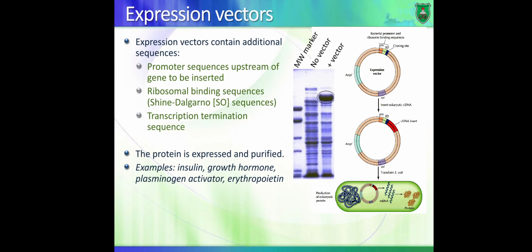This is where ribosomes bind at the 5' end, and then they search for the first AUG to start translation. So we do need a Shine-Dalgarno sequence. So these are the expression vectors, that's what they are, and this is what we use them for.